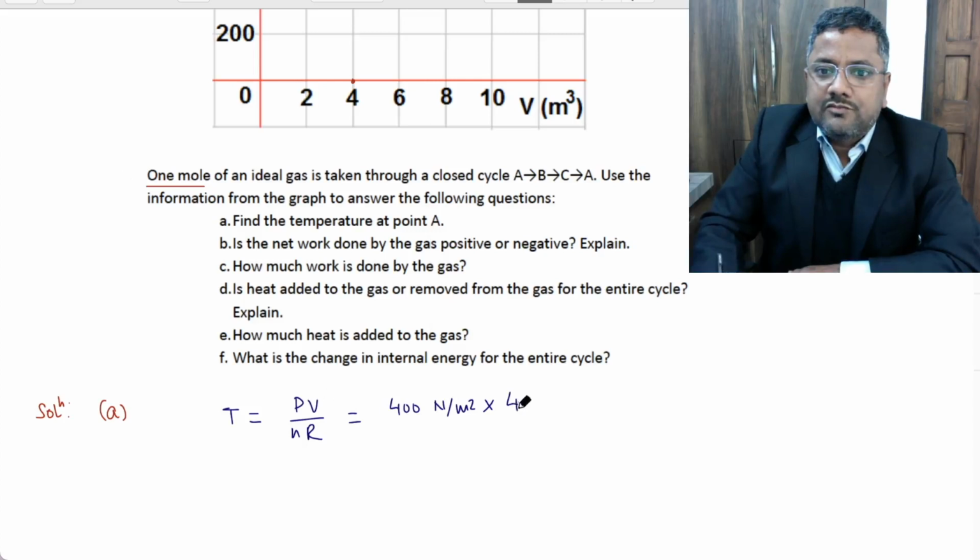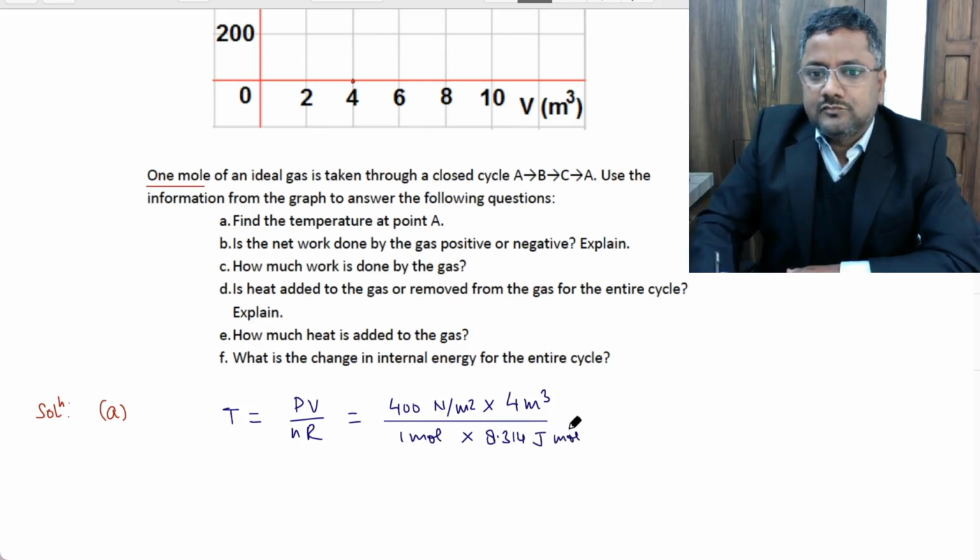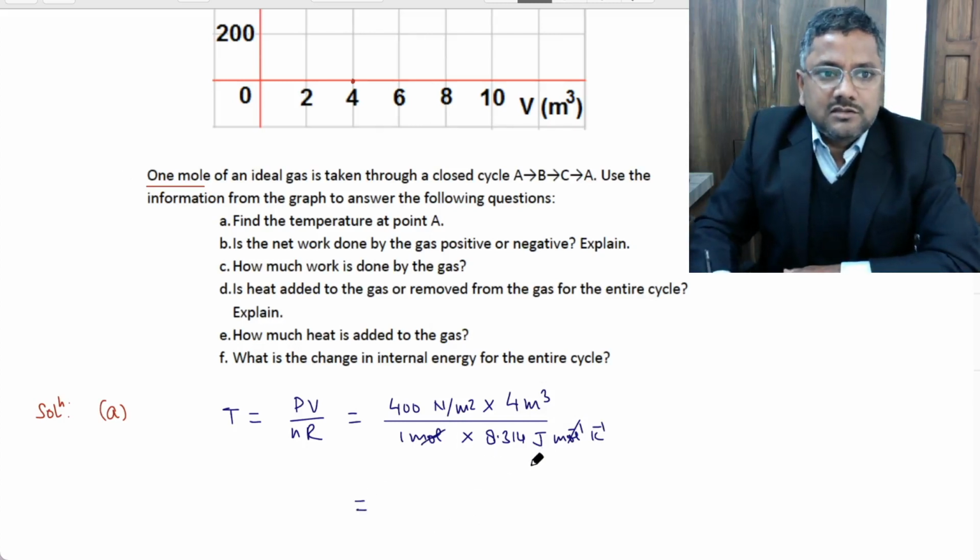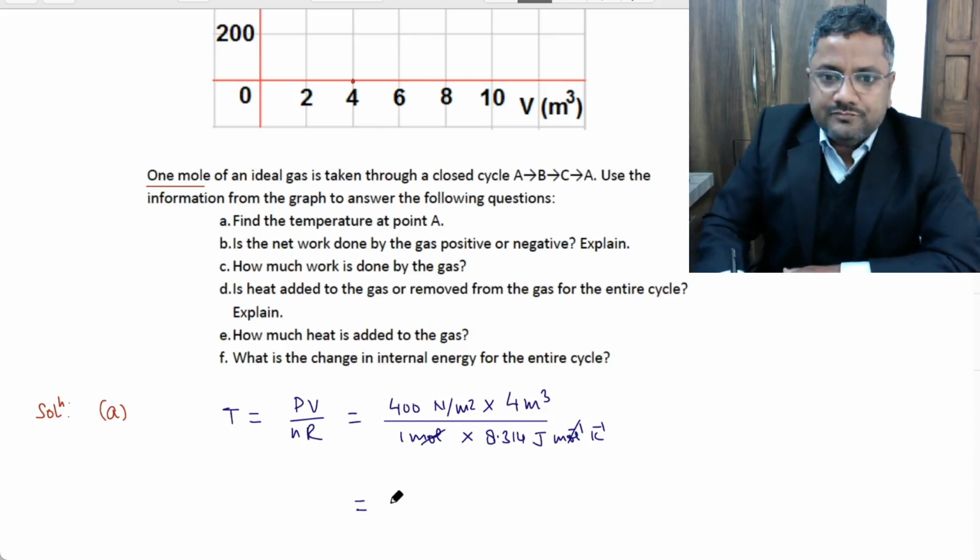Volume is 4 meter cube. n is 1 mole, and R is 8.314 joules per mole per Kelvin, right? So the moles cancel, and all these units cancel, and you will get the answer, 192.4 Kelvin, right? So this is the answer.